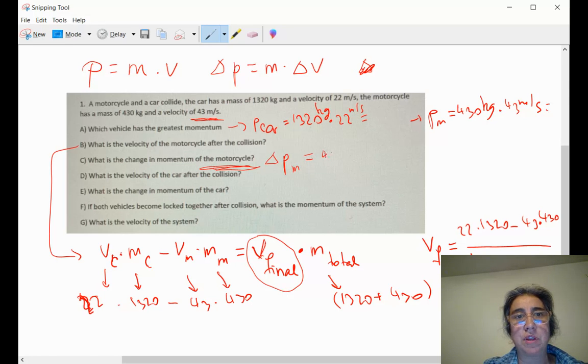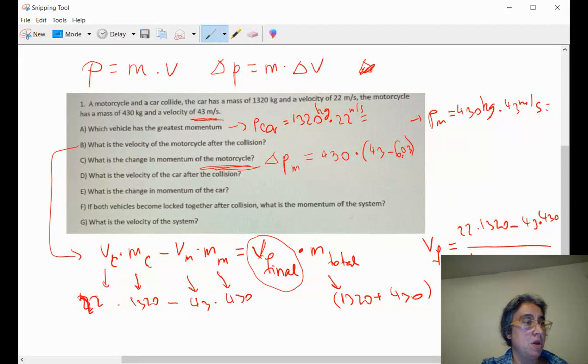That would be 430, times parenthesis, because change is a difference. The initial velocity was 43. And you know what, let's be more precise: subtract 6.03. All right, so we're going to grab the calculator. That would be 430 times parenthesis 43 subtract 6.03, and you would come up with about 15.9.